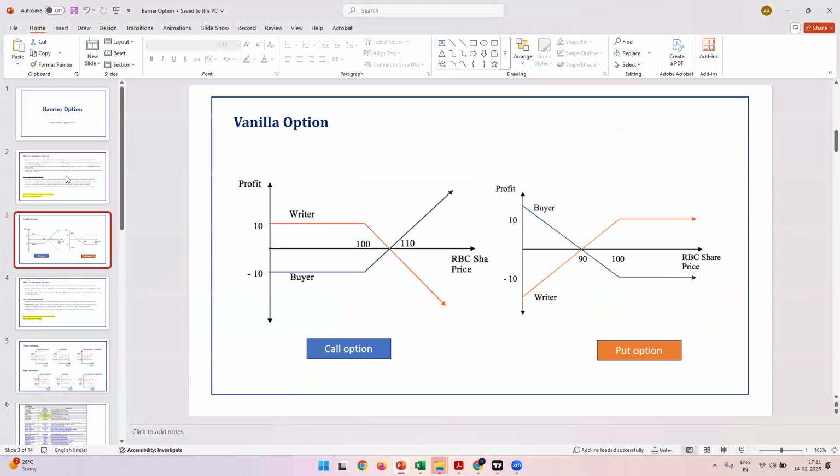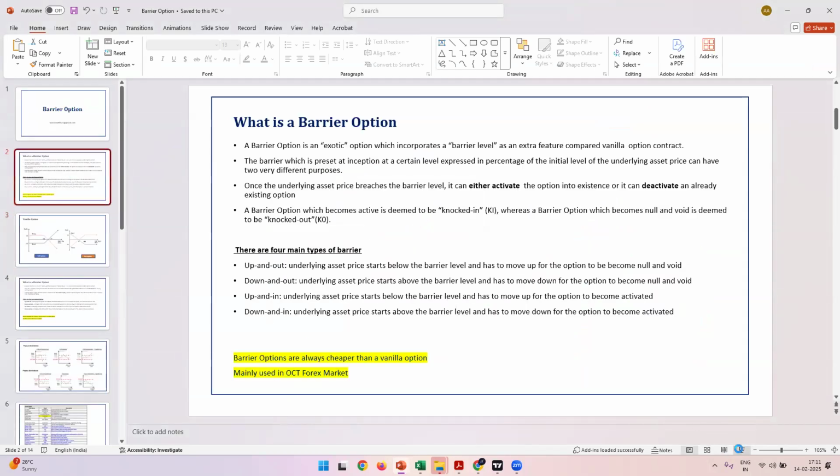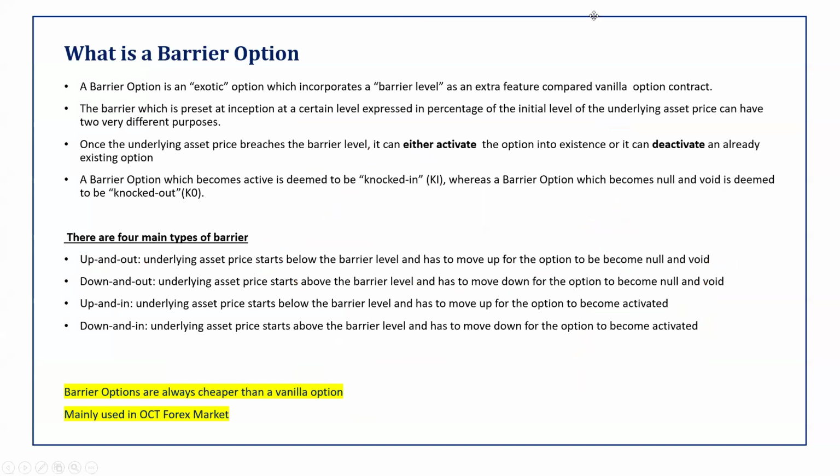Okay. Now let us understand some of the concepts with regard to barrier options. So when we say barrier options, if the underlying asset price breaches a barrier level, it can get activated or it can get deactivated based on the type.